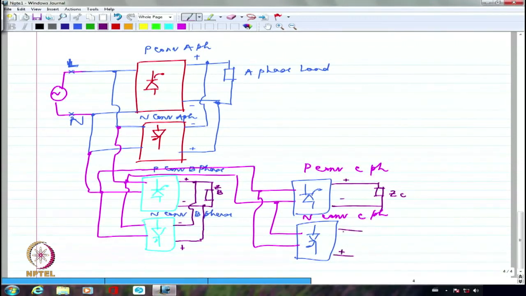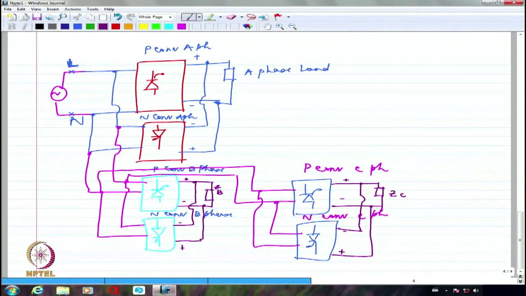So this positive will be connected here and this negative will be connected here, so that the current flows in the opposite direction. When the P converter is rectifying, I will have the current in this direction. When the N converter is rectifying, I have the current in the opposite direction. That's all that it is facilitating. Right? You are going to exactly have a dual converter kind of connection.